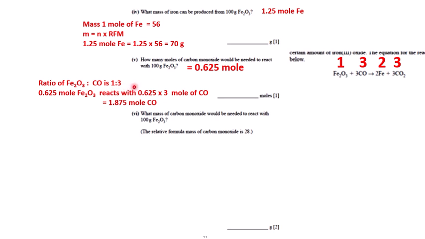So all we do is multiply the 0.625 by 3. So it'll require 1.875 mole of CO. And then finally, the mass of that, well, we know the mass of 1 mole of CO, 12 plus 16 will be 28. So 1.875 times 28 is 52.5 grams.